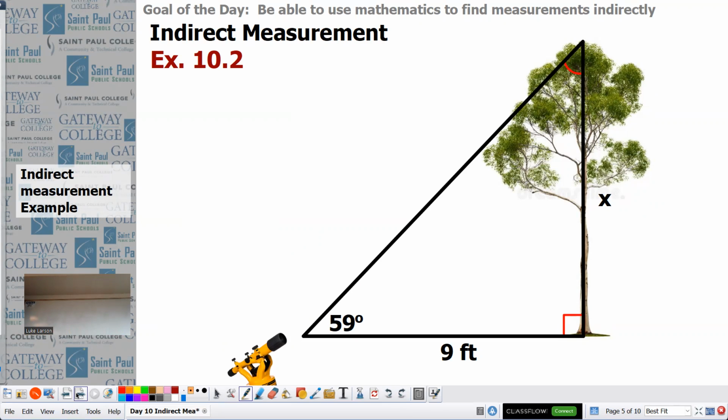Instead, we can use a transit to measure the angle to the top of that item, the top of the building, the tree, the flagpole, the street lamp, whatever it is, and get that angle of elevation, which then allows you to use trigonometry.